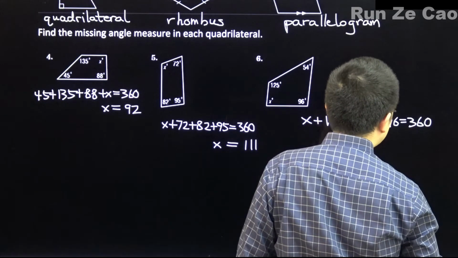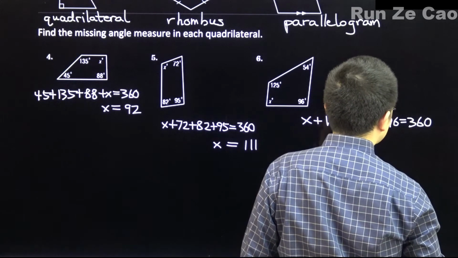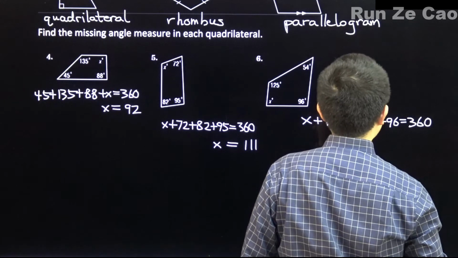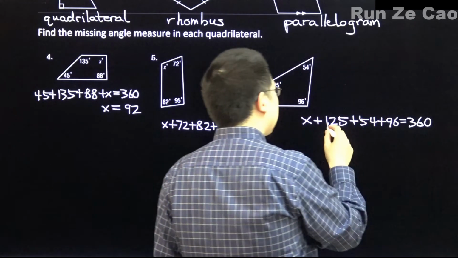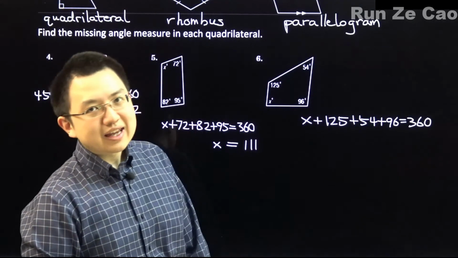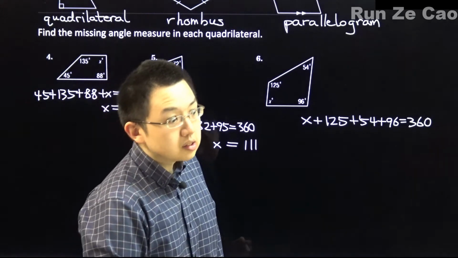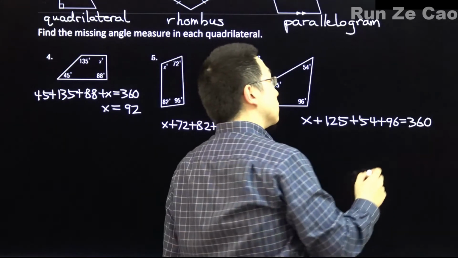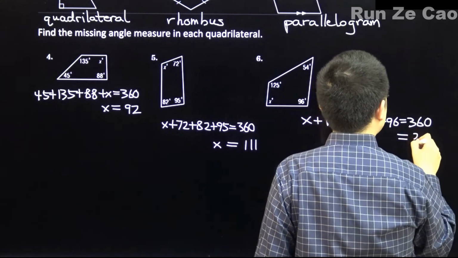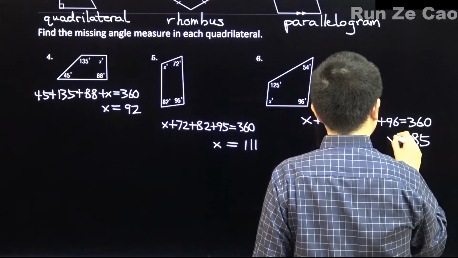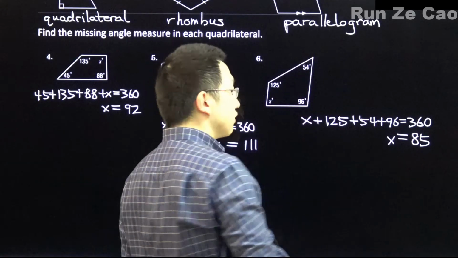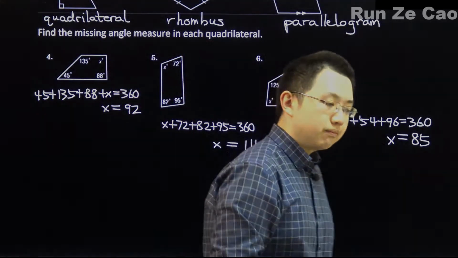And 360 minus 150 gives you 210. 210 minus 125 is 200 minus 115, which leaves you with 85. And the degree symbol is already given for us.